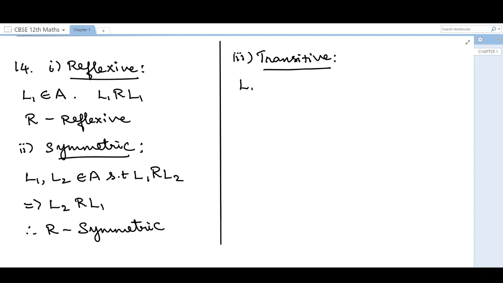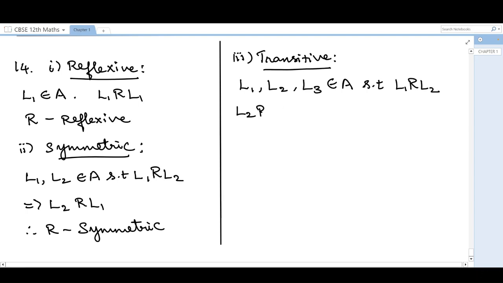So let us take three lines L1, L2 and L3 such that L1 is related to L2 and L2 is related to L3. Since L1 and L2 are related, L1 is parallel to L2 and L2 is parallel to L3. So this implies L1 is parallel to L3.